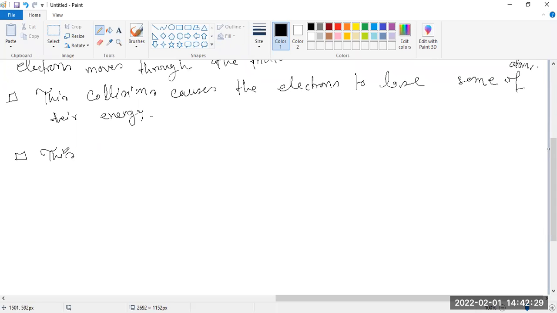So this collision restricts the movement of electrons.